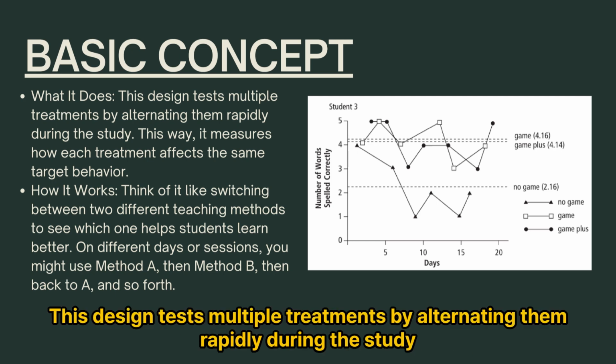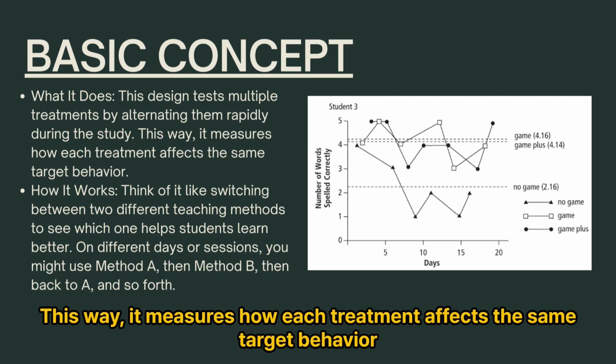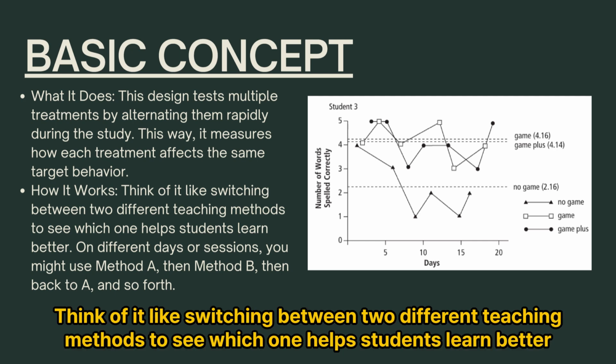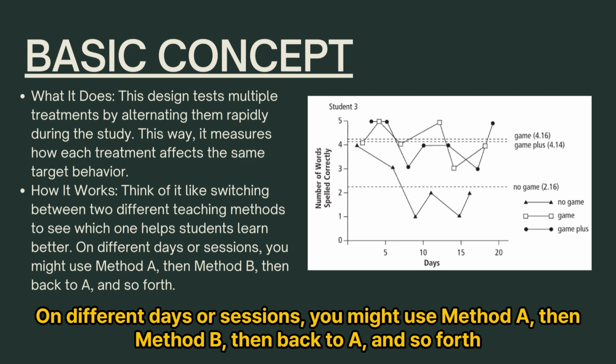This design tests multiple treatments by alternating them rapidly during the study. This way, it measures how each treatment affects the same target behavior. Think of it like switching between two different teaching methods to see which one helps students learn better. On different days or sessions, you might use method A, then method B, then back to A, and so forth.